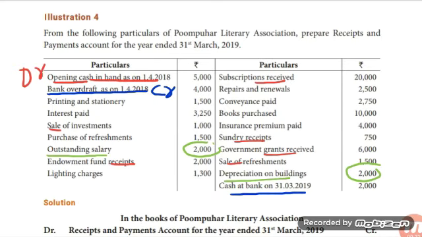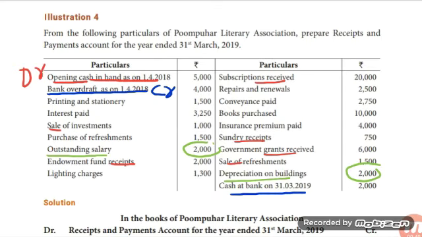Enter these receipts and payments on the receipts and payments account. First, draw the account, write the title: In the books of Pumbuhar Literary Association, receipts and payments account for the year ended 31st March 2019. Show the abbreviation DR on the debit side, CR on the credit side.